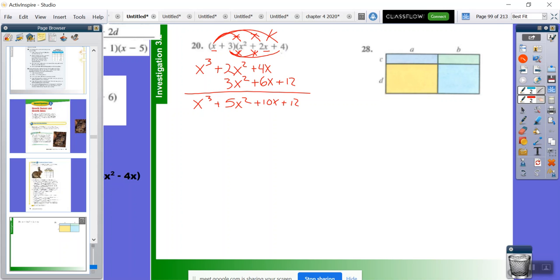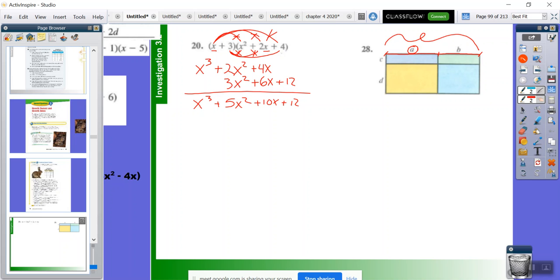Oh, okay. All right, so for 28, this actually is a big idea that's going to be coming up later. So what is the distance from this to this? If I were to walk this distance, how far would I walk? I don't know. Neither do I. So let's call it A. Okay, so you'd walk A. Then, if I then walk this distance, what would I be doing with A and B?